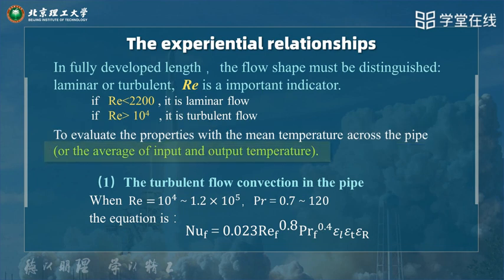Also, sometimes for a small tube, in most cases we use the average of the input and the output temperature together. Average. Okay. If the flow is turbulent flow, convection in the tube, how do we calculate the Nusselt number?